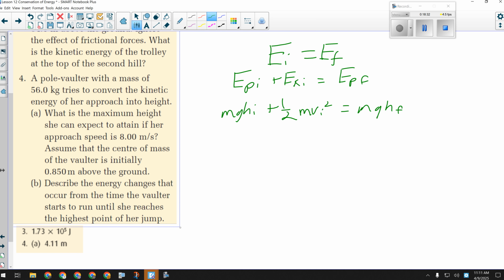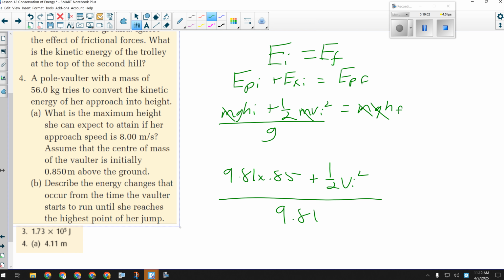Since I'm only looking for a height, and I know those two points are equal, her mass is irrelevant. I can plug it in if I want, but I don't need to. Thus I won't, because I don't like doing extra work. I just want to calculate HF, so I'm just going to divide both sides by g. Now I've got HF equals 9.81 times 0.85, that was where her center of mass was, plus 1/2 times v initial squared, divided by 9.81.